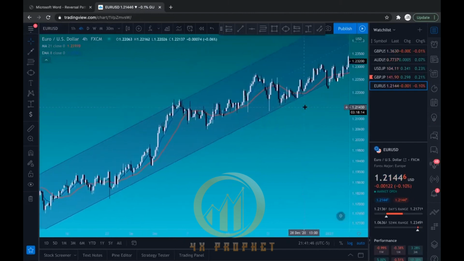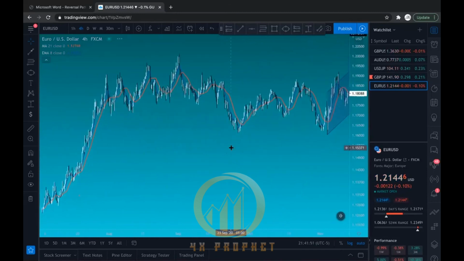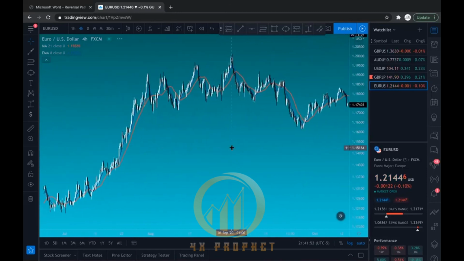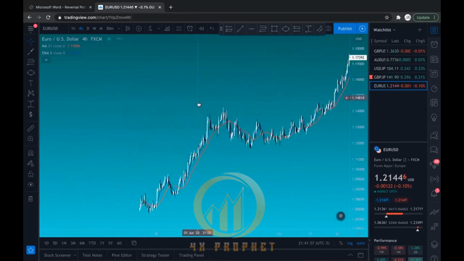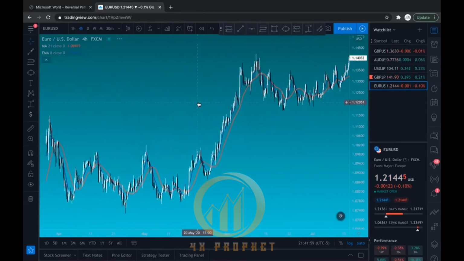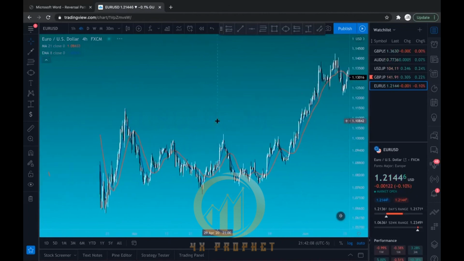So what you're also going to have is a ranging market. Let's see if I can find a ranging market for you. Still wouldn't consider this one. This right here could be considered a choppy market, right? You can't really tell who's in control. So stay out of markets like that.